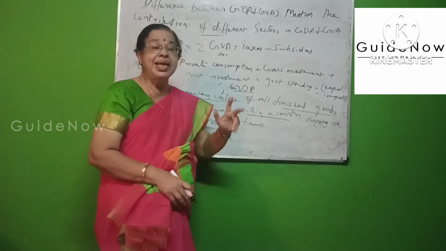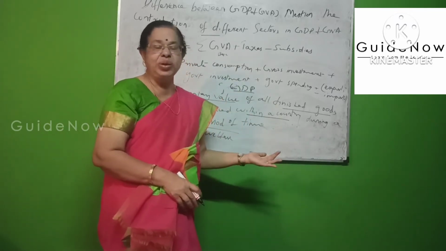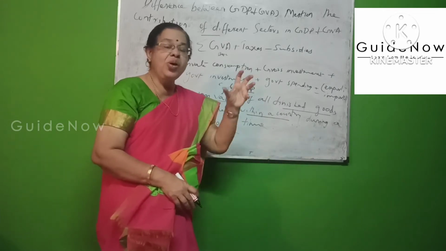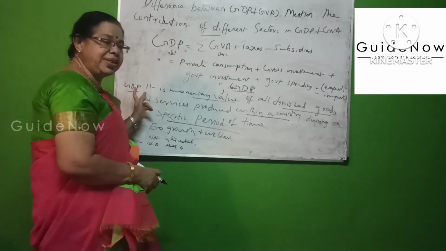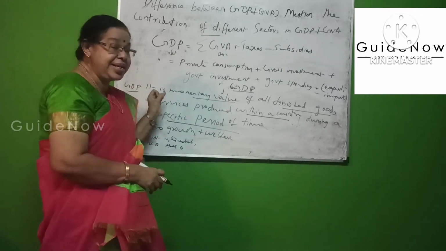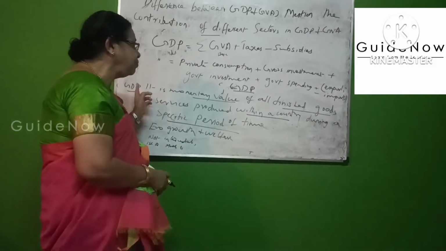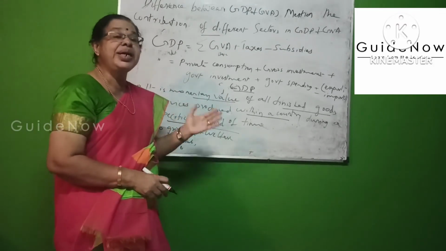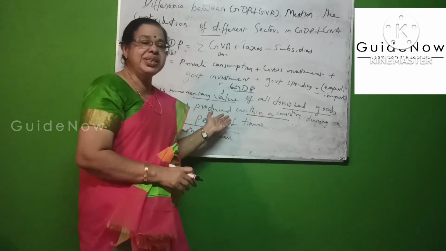Product means the final goods or finished goods. It does not include the intermediate product, only final goods are included here. So gross domestic product: gross means total, D means domestic, within the country or within the locality, and P means product, only finished goods or final goods. What is the definition of GDP?